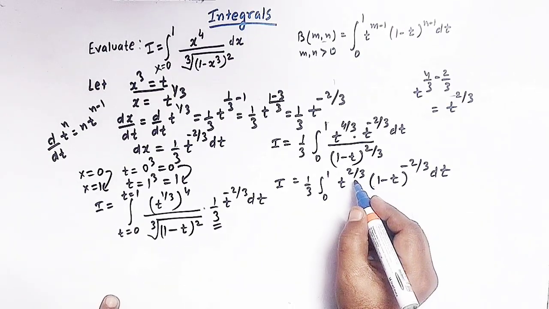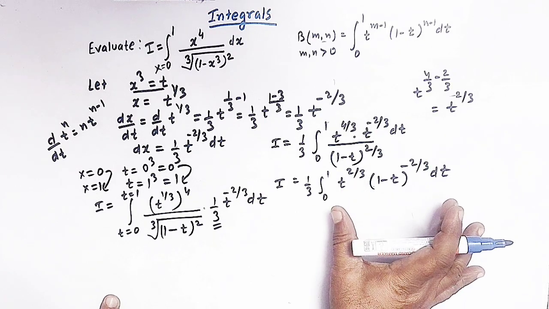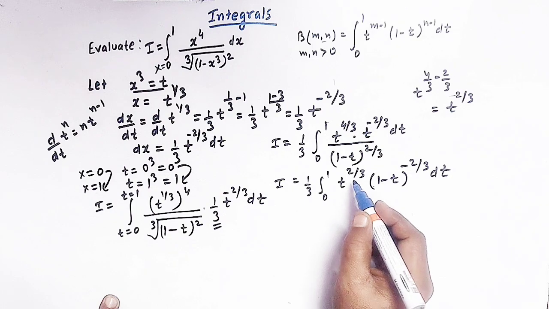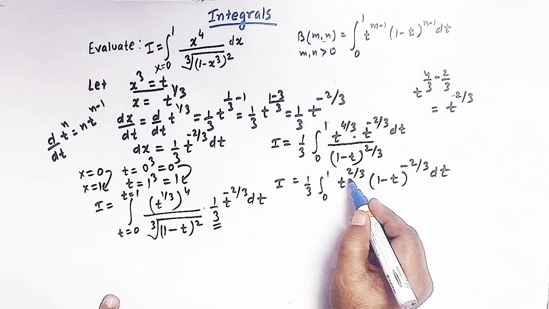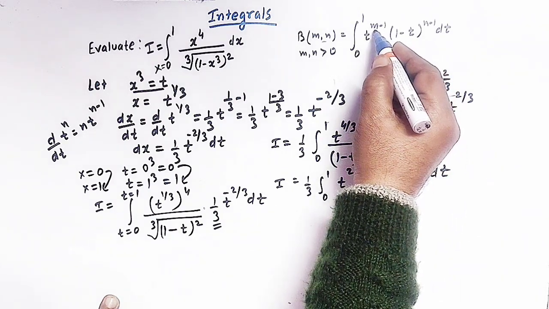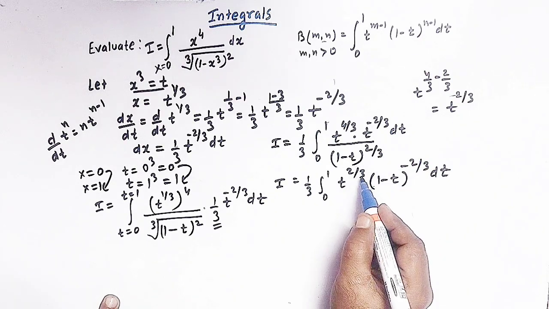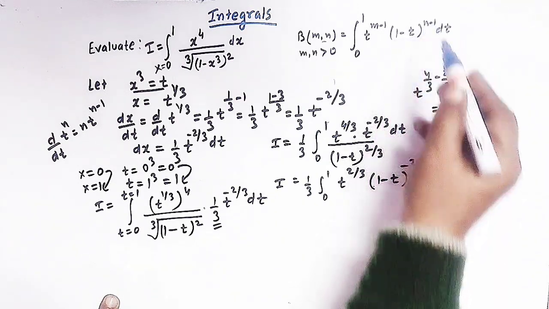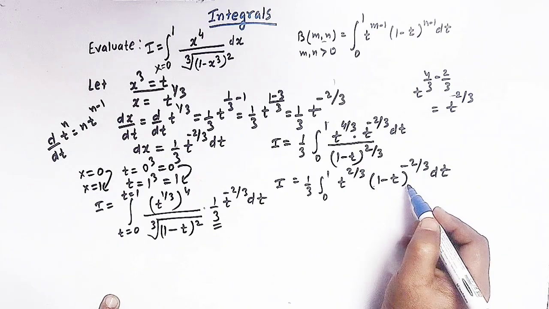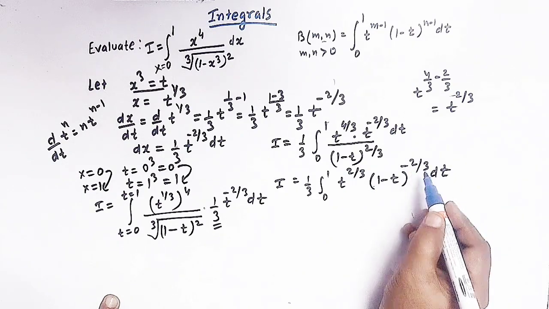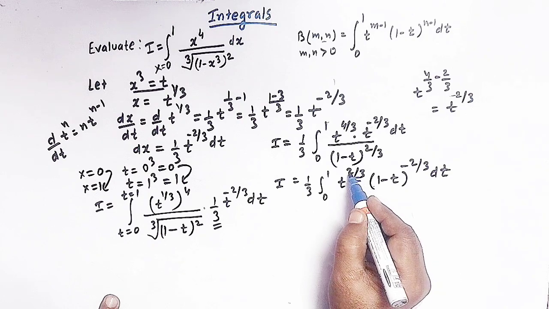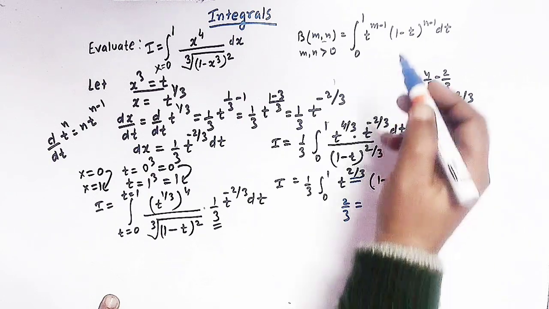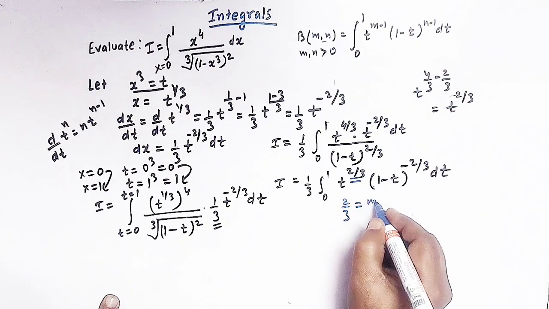So now what we have to do, if we compare this integral and this integral, then we can easily conclude that here we have t raised to m minus 1, and here we have t raised to 2 over 3, and here we have (1 minus t) raised to n minus 1, and here we have (1 minus t) raised to minus 2 over 3. So let us write this exponent, that is 2 over 3 is equal to m minus 1, right?